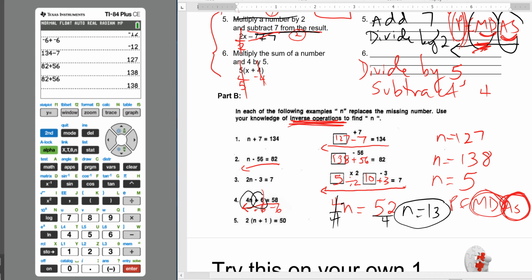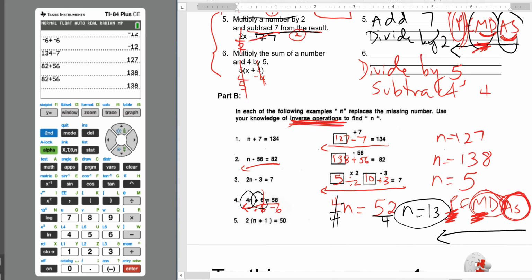Okay. And last, number 5, we know looking at PEMDAS that parentheses came first and then the multiplication by 2. So when we go to undo it, we need to do this backward, and multiplication will get undone first. Again, 2 in front of parentheses means multiplication. The inverse of multiplication is division. If we divide by 2, we have just n plus 1 left on the left side.